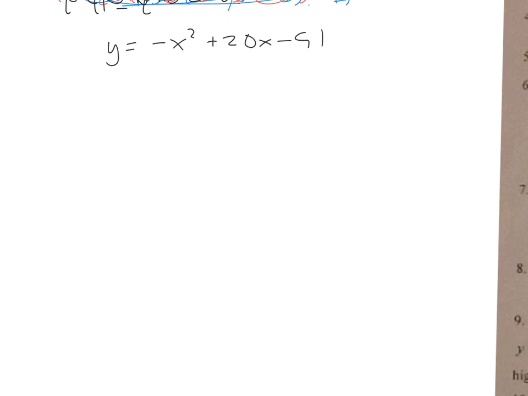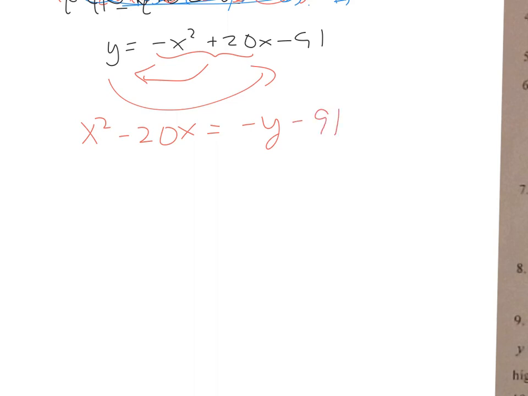So I want to group the x's, which are already grouped, and move the constant to the other side. So actually what I'm going to do is I'm going to move this to the other side so I can get my x squared to be positive, and then I'll move the y over there. So I get x squared minus 20x equals negative y minus 91.